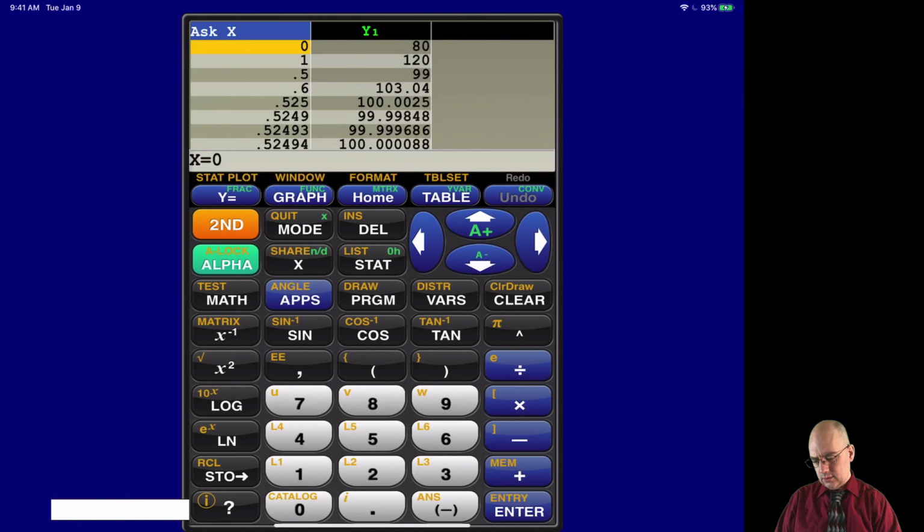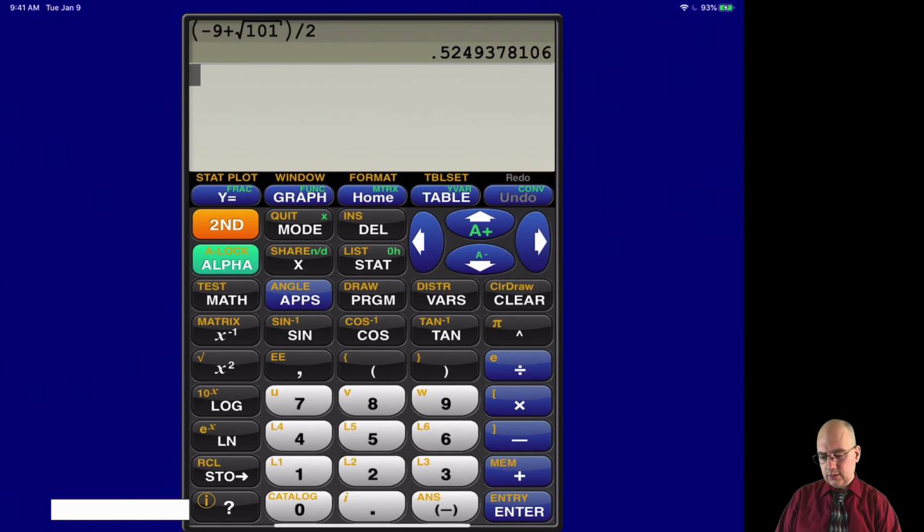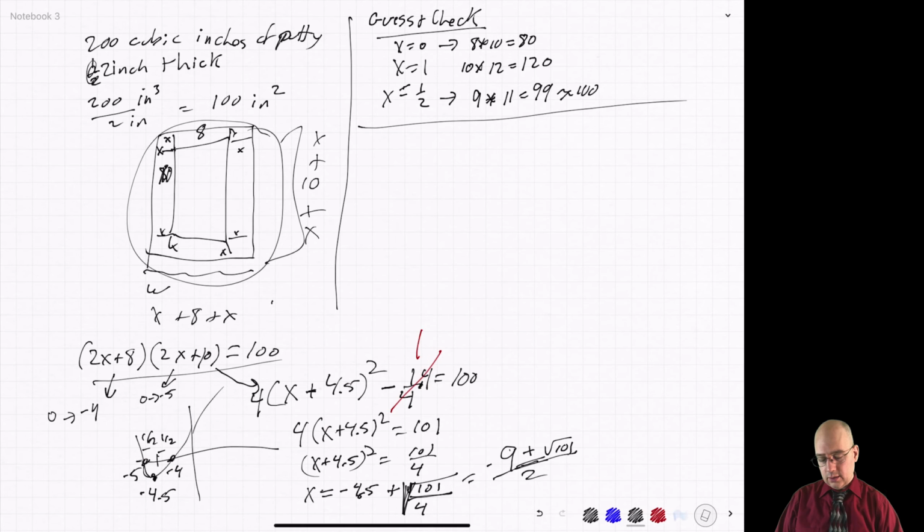0.52493, which is basically what we agreed upon. 7 was close to 4 there, and you're good to go. Didn't use the quadratic formula. It's pretty simple. Obviously, the one thing to watch out for is what's multiplying the x's. Probably a good idea to factor that all at the beginning.